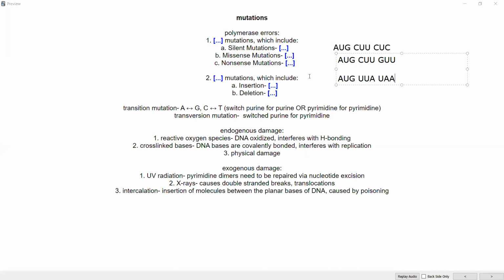Now we have a non-functional protein. So these are the three types of point mutations. Why point? Because we're only changing one nucleotide, only one at a time. So that's how point mutations work. Let me just show you the definitions here.